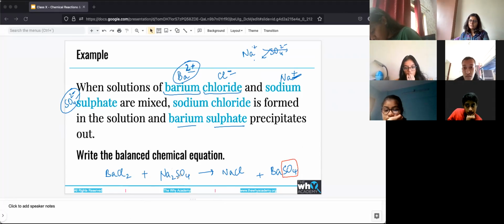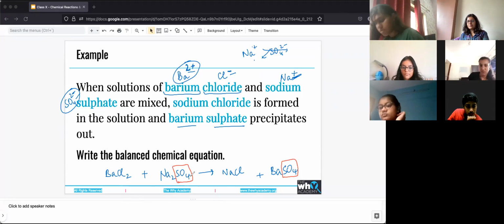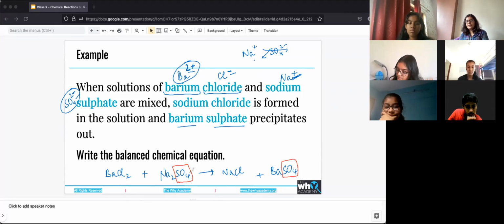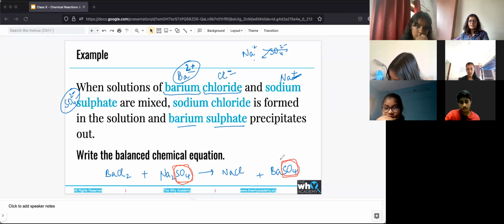Because the number of sulfur and oxygen in sulfate is going to be the same. So treat it as another atom only. That's one less element you need to take care of. You don't have to look at sulfur and oxygen individually. There is one sulfate here, and one sulfate here. So that way it makes it easier.